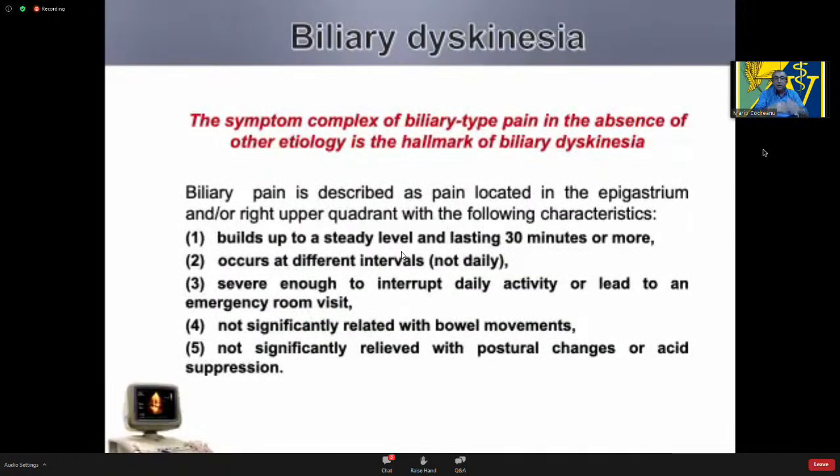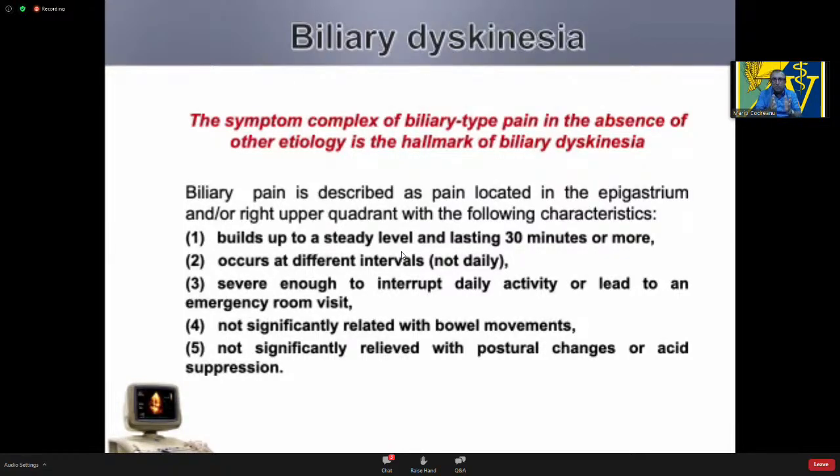It's important to understand and pay attention to this idea: the clinical signs, the clinical expressions, and the symptoms of biliary type pain in the absence of other etiology can be considered the main hallmark of biliary dyskinesia.